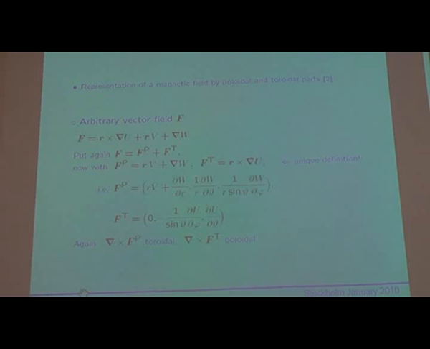And you can represent this two-dimensional vector field in 2 dimensions by a curl-free field, a gradient field, and a divergence-free field. In 2 dimensions, the divergence-free field can always be represented in this way.